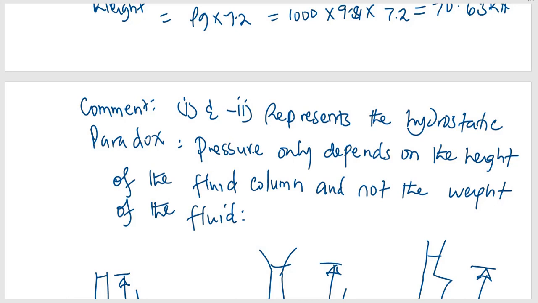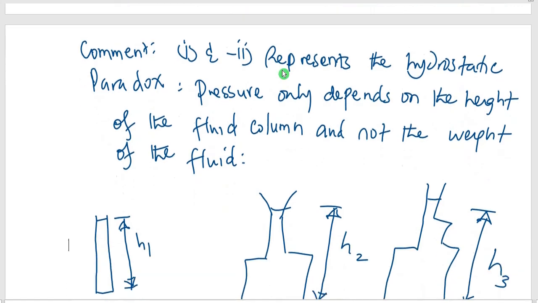That's why the pressure is high but the weight of the fluid is small, because we see that pressure depends only on the height of the fluid column and not the weight of the fluid.